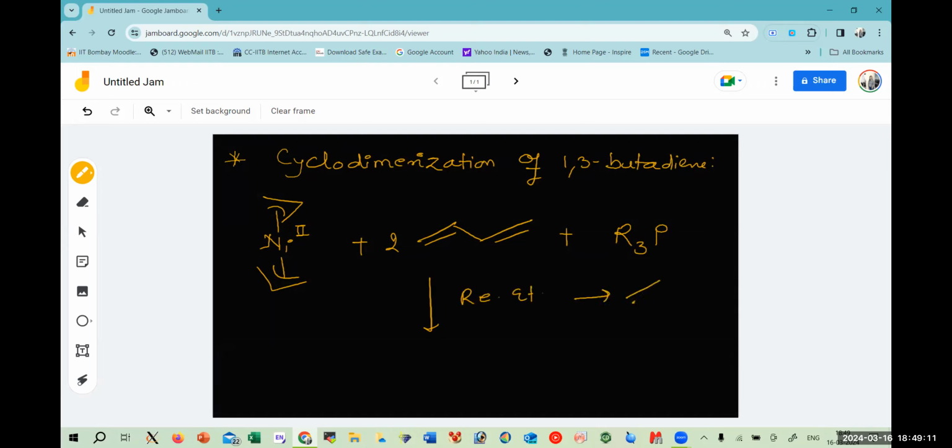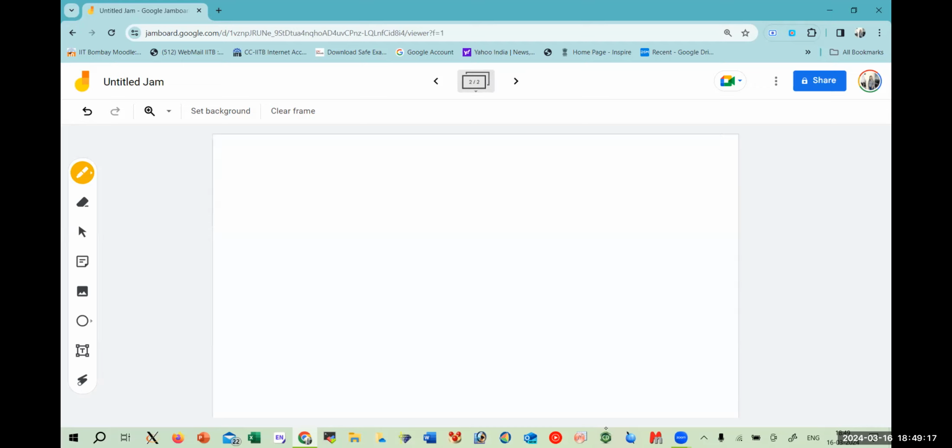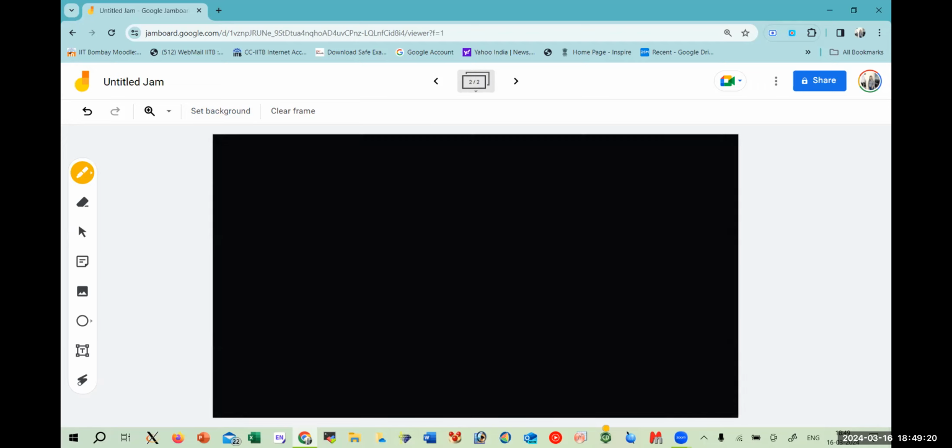So this group will go, and ultimately we will have this kind of system. It's similar to the trimerization, but the only difference is now we have PR3. So the first possibility is that it would undergo reductive elimination to give you the COD product.